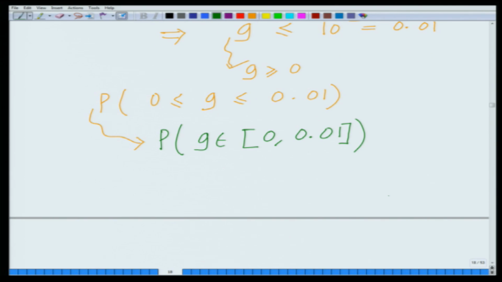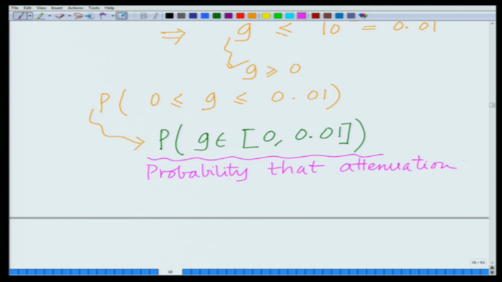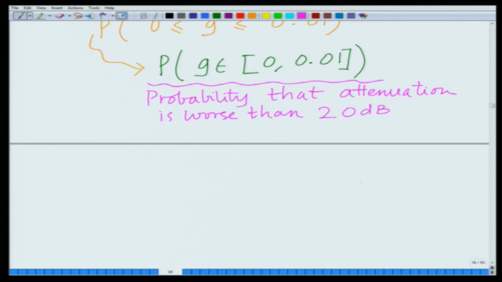What we are saying is, this is equal to the probability that attenuation is worse than 20 dB, and the probability that this belongs to 0 to 0.01 is nothing but the probability G belongs to the interval 0 to 0.01.